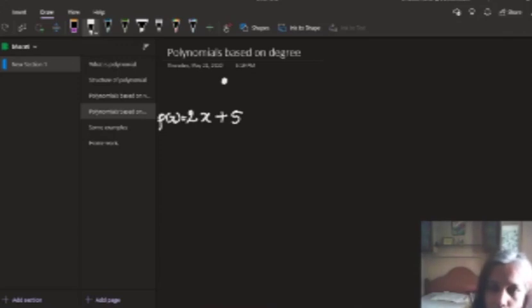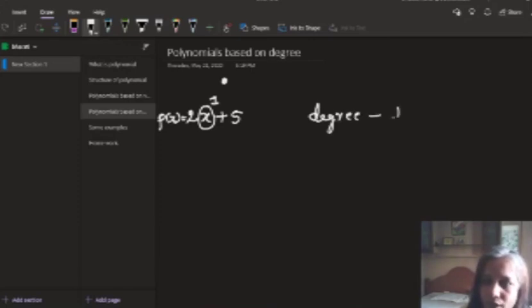Here I have a variable and its power is 1, and we call this power as degree. Its degree is 1.